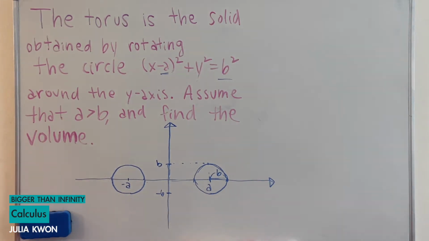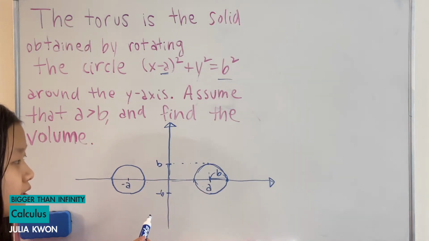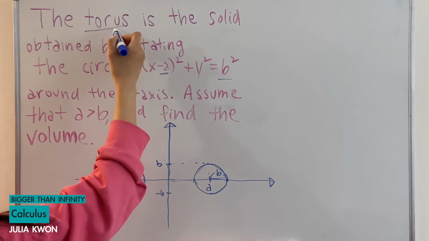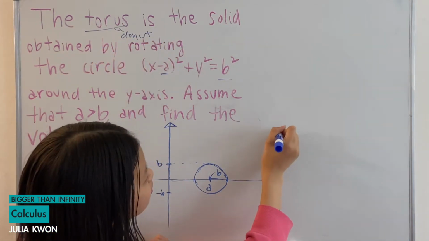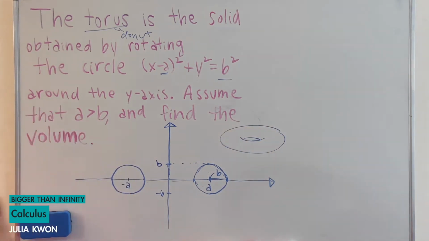Okay, so now we're going to be rotating this around the y-axis. And just like the problem says, it'll kind of look like a donut, a torus, so kind of like this if we rotate it around the y-axis.